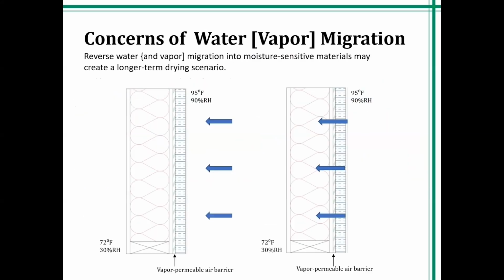So concerns of water vapor migration is reverse water movement into moisture sensitive materials that might create a longer term drying scenario. I'm reminded of some discussions with one of my CSI colleagues about water vapor migration into these moisture sensitive materials.